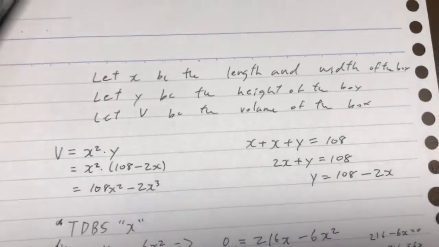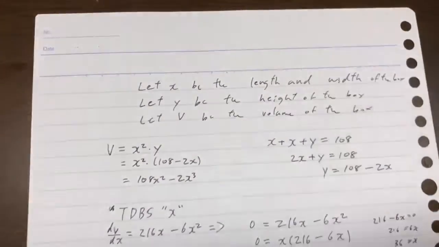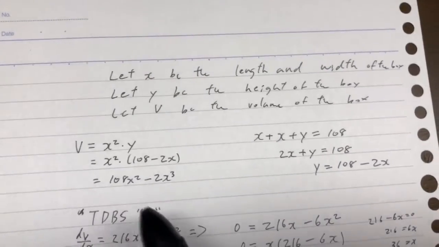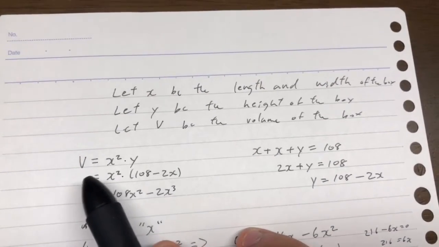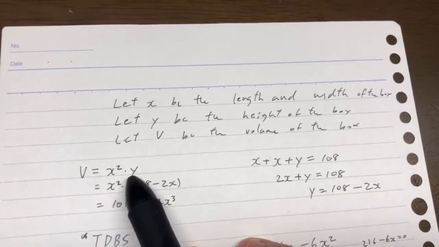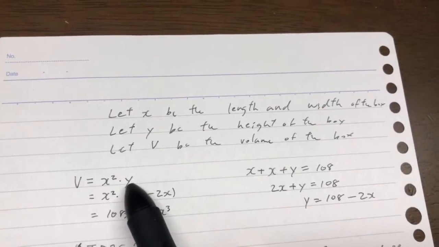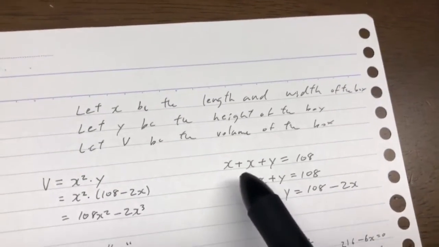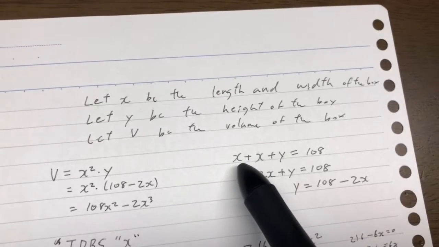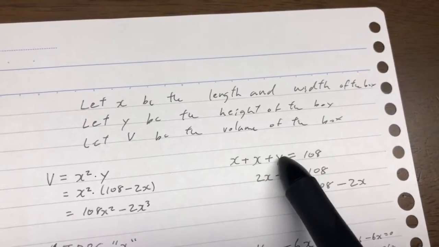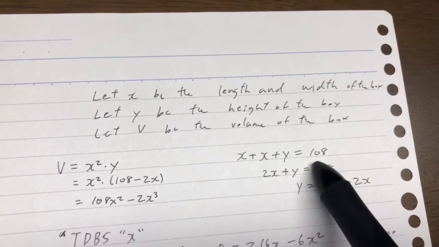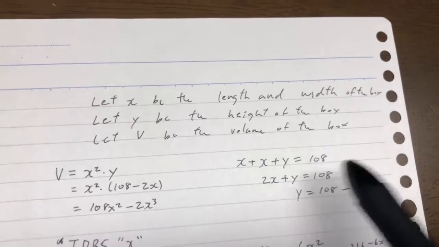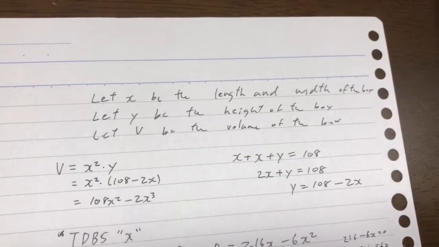And so we can draw out two equations from this, the volume equation, which is v equals x squared times y, which is essentially base times height, and the restriction, which states that the sum of length, width, and height must be less than or equal to 108 inches.